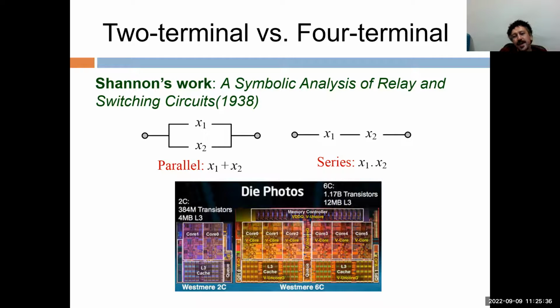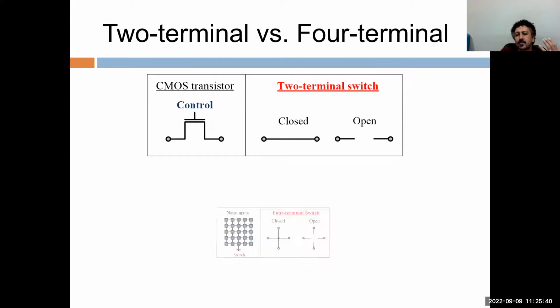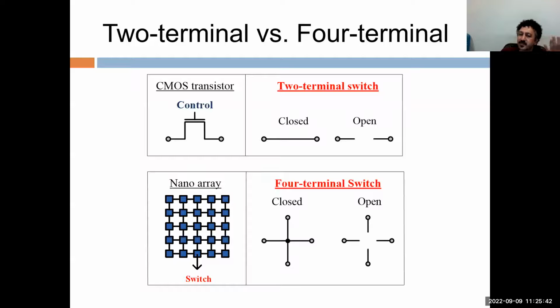So now, doing my PhD, I asked: okay, can we do the same thing with four terminal switches? But we should first prove that you can do anything with four terminal switches in terms of computing. To prove this, you should start with logic. First, you should be able to implement any logic function.